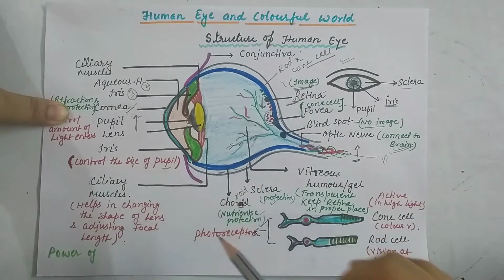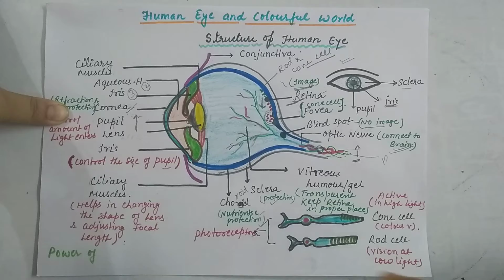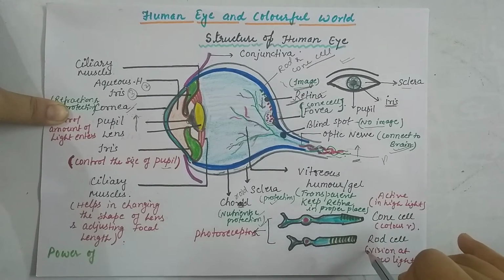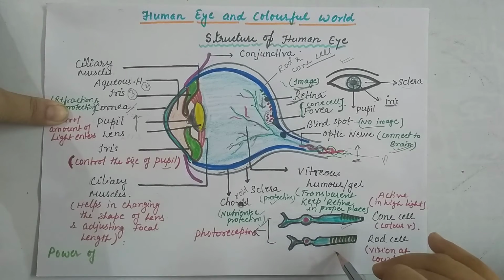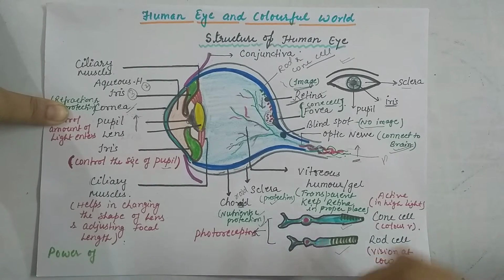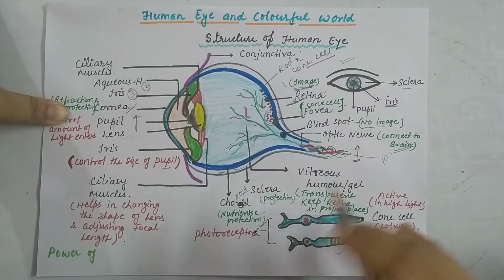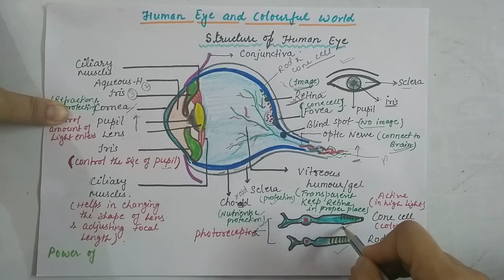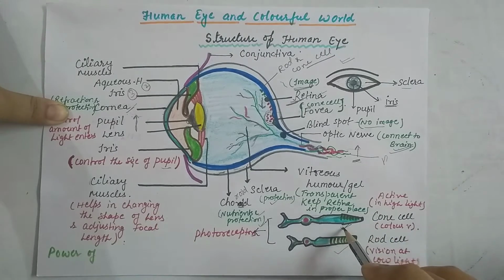So this is all about your eye, these are the parts present in our eye. And we have two more things, the cone cell and the rod cell. The cone cell has a cone-like structure, and the rod cell has a rod-like structure. Whenever there is more light, proper light, the cone cells enable us to see the object, and they also help in color vision.